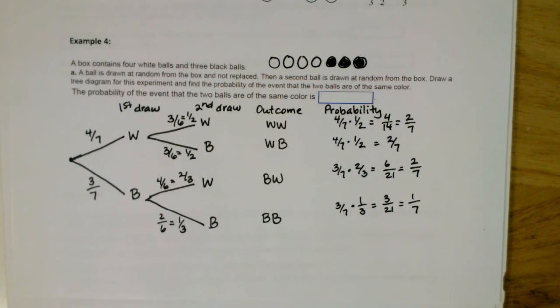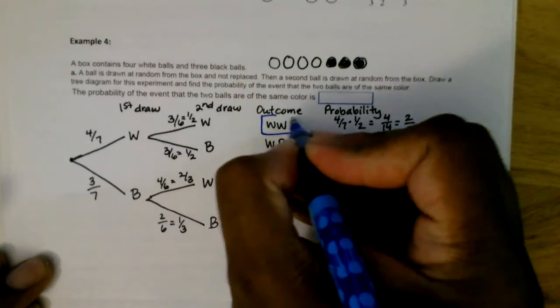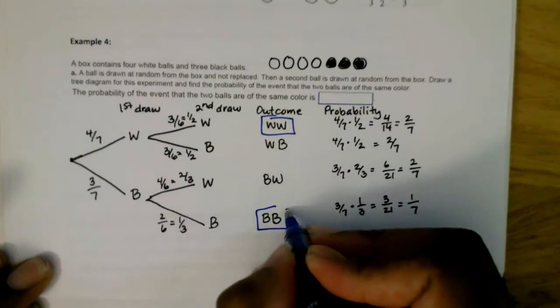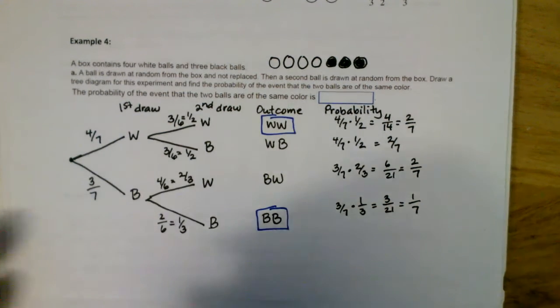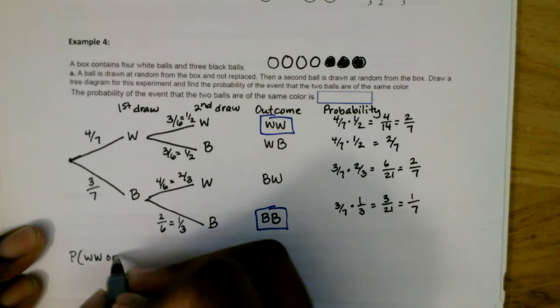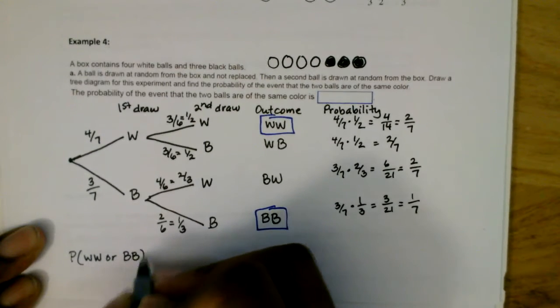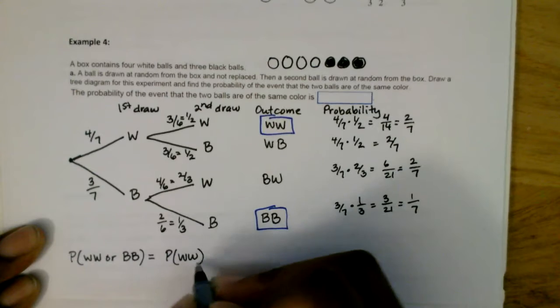Now we want the probability of the event that the two balls are the same color. In other words, the probability of 2 white balls or 2 black balls. In this case, for a white and a white or a black and a black, we just add the two probabilities together.